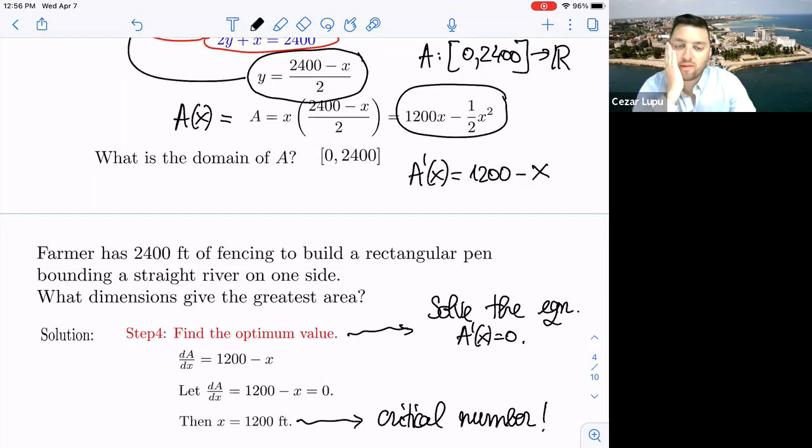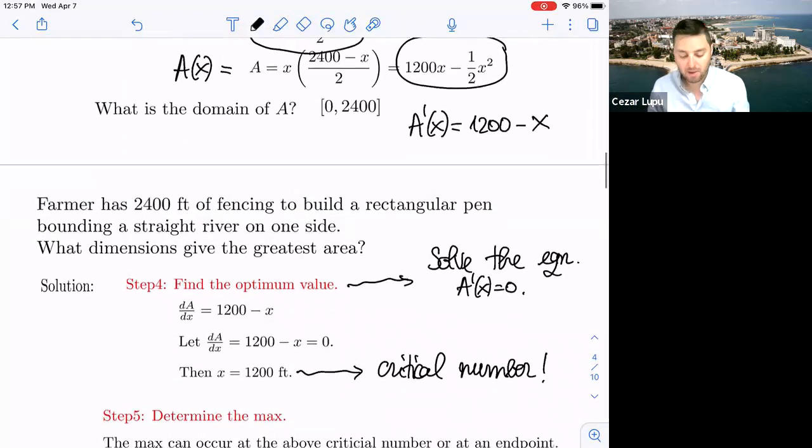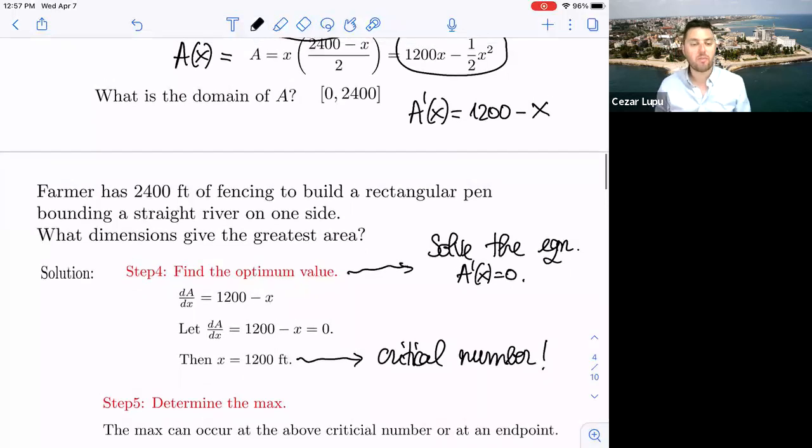At the endpoint, exactly. Yes, exactly. At the endpoint. Great. So that's how we're going to determine the max. Like I said, the max can occur at the above critical number or at an endpoint. So we need to evaluate this one.